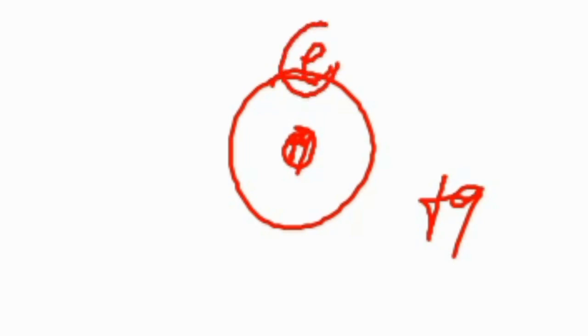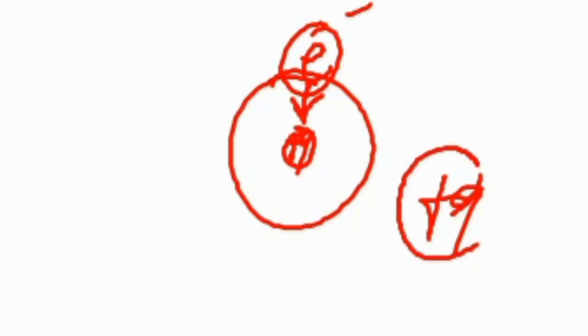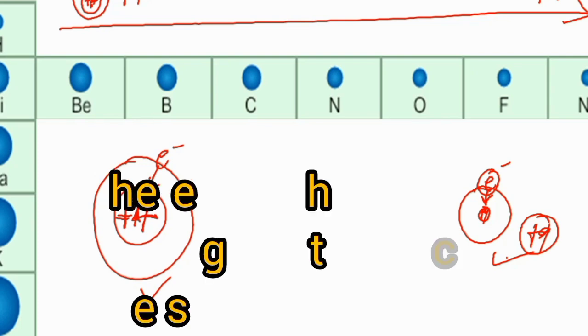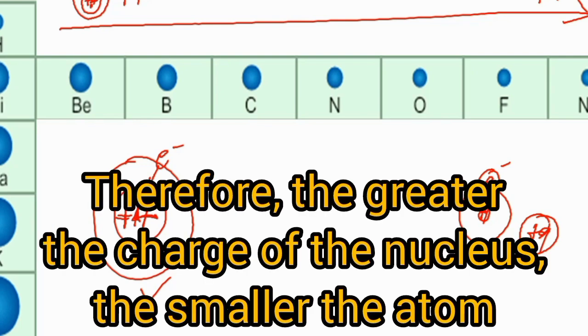That's because the electrons in the outermost shell are feeling the higher nuclear charge effects, so they are being attracted better than those of beryllium, which has just a +4 charge. So the nuclear charge here is higher than the nuclear charge here. It means the greater the nuclear charge, the smaller the atomic size. I come back again: the greater the nuclear charge, the smaller the atomic size. That is what you should take note of.